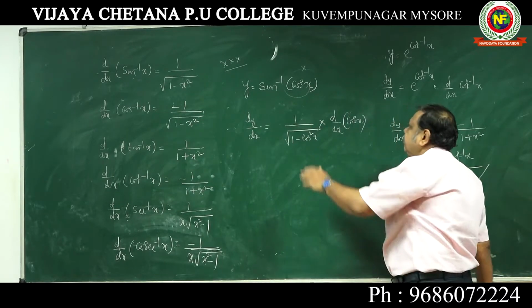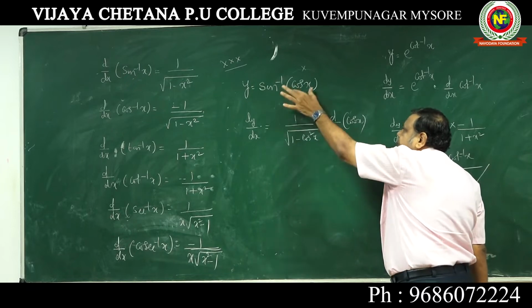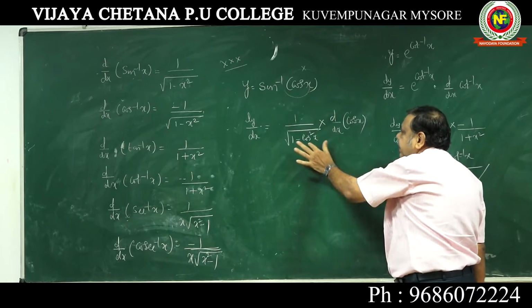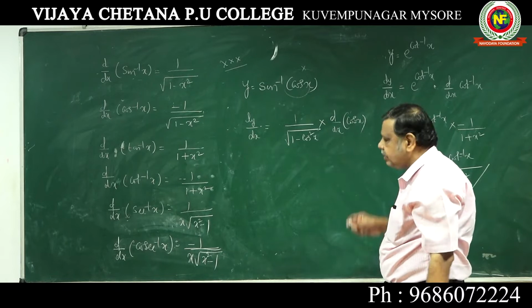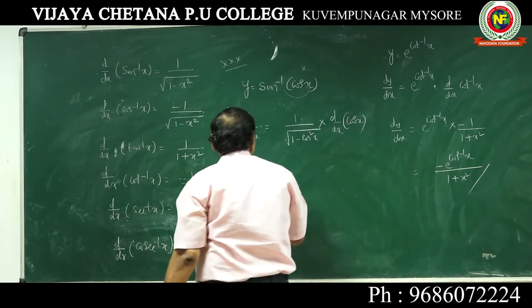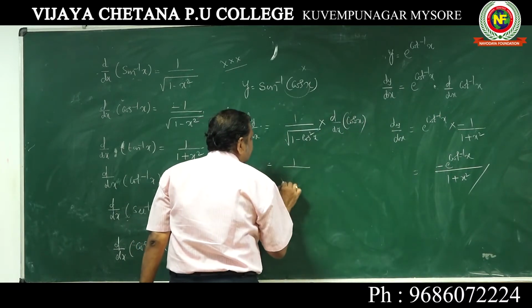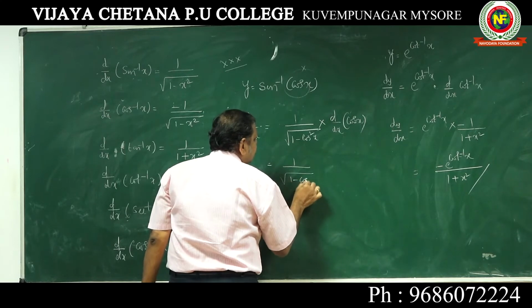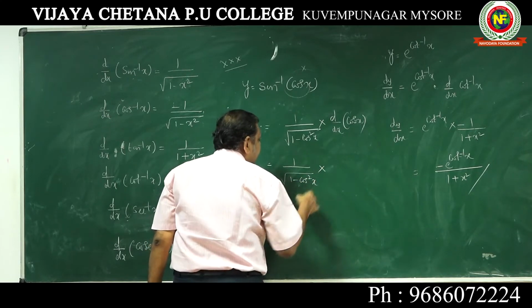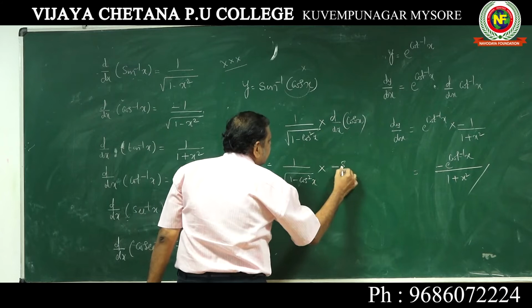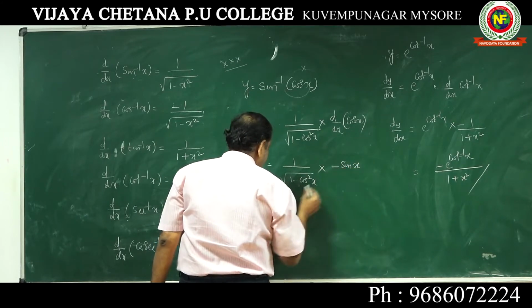Understood? The derivative of sin inverse cos x is 1 over root of 1 minus cos square x into d by dx of cos x, and d by dx of cos x is minus sin x.